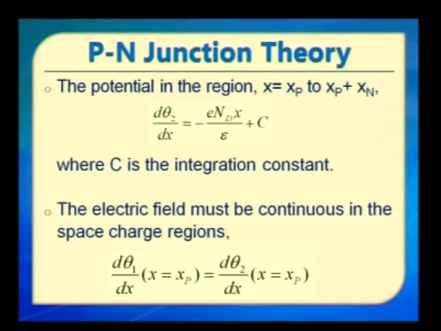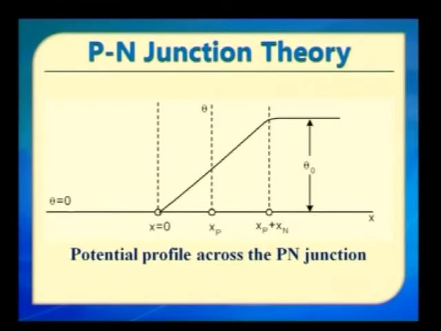So, at the point x p, the potential is smooth, that is what you have seen already. So, the potential profile I showed you, this I am referring to x p. So, the potential should be continuous. Therefore, when I call the potential here as theta 1, the potential here is theta 2, the derivative of the potential at this point, the derivative of the potential at this point, both of them should be matching, because it should be for a continuity condition.